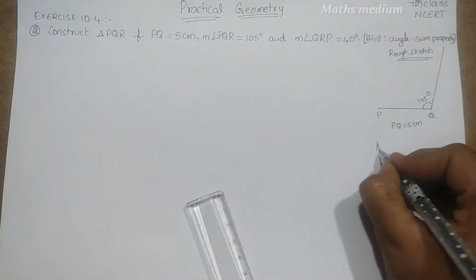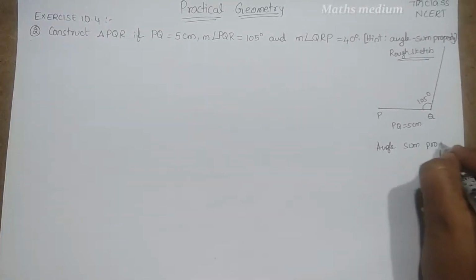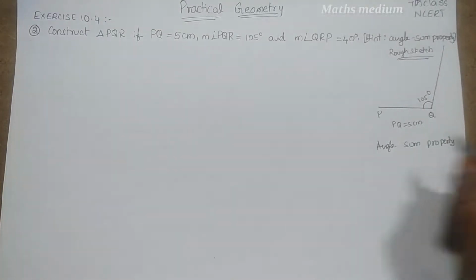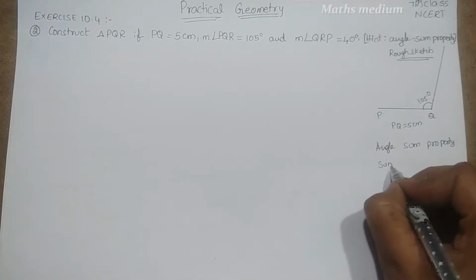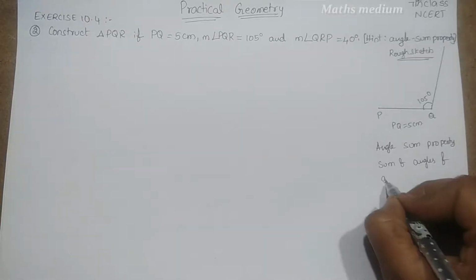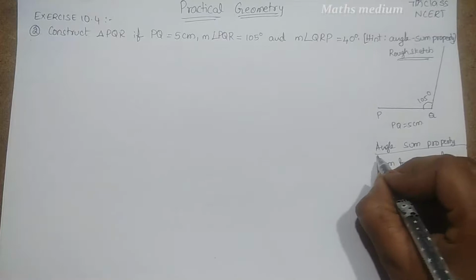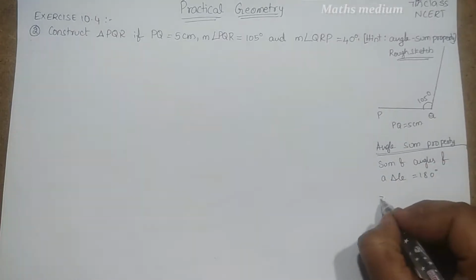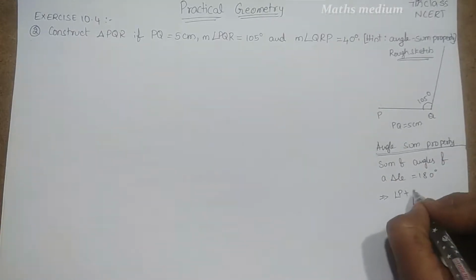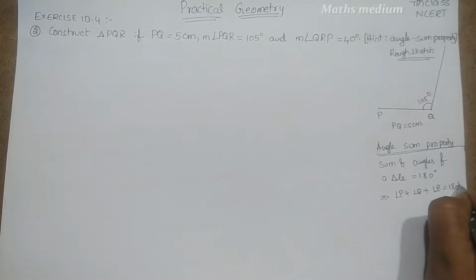We know that the sum of angles of a triangle is equal to 180 degrees, right? By using this formula, we get angle P plus angle Q plus angle R is equal to 180 degrees.